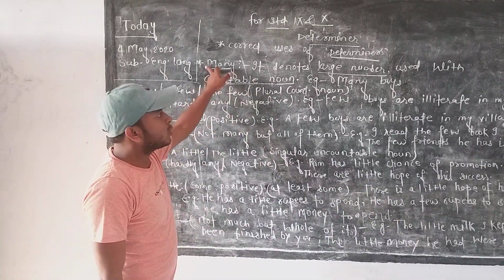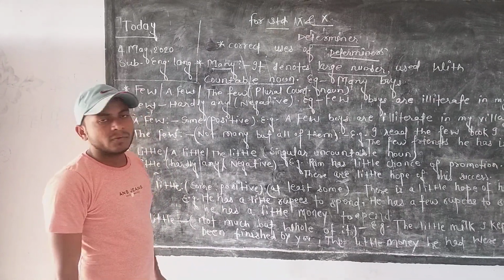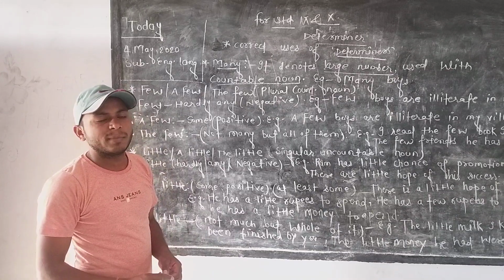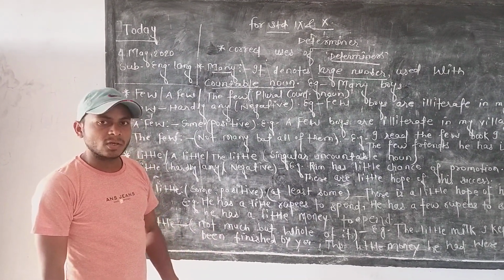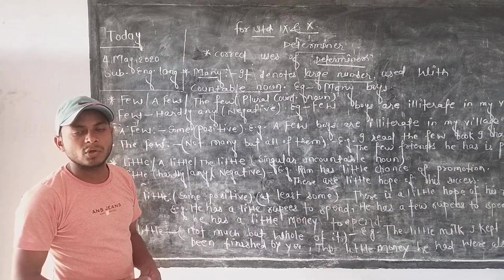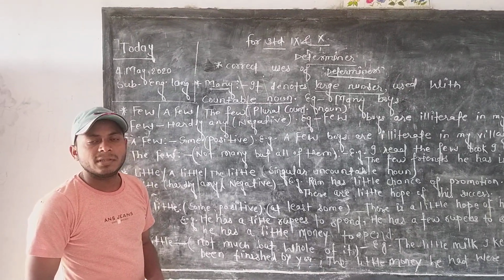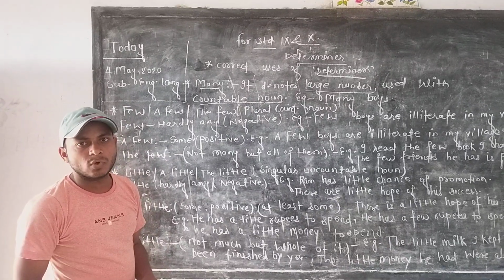If you talk about many, it is a determiner, and here we are reading about determiners. Since we are studying determiners, we should know their correct uses. Because if you don't know the correct uses of determiners, the questions asked in our examination won't be solved.